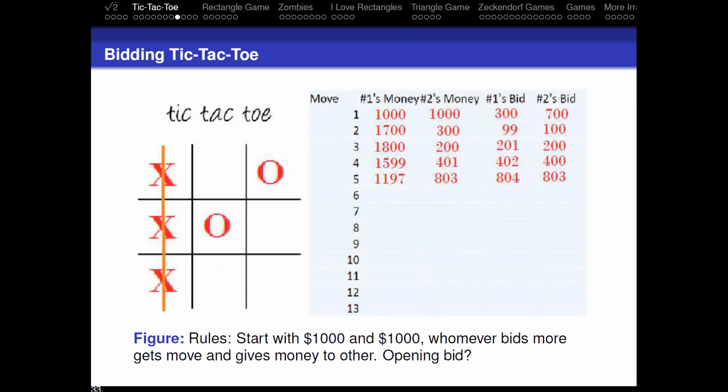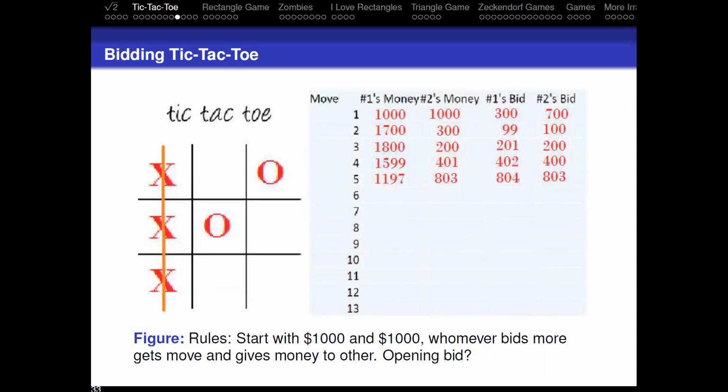And so here, it turns out player 2 bid far too much for the first 2 moves. And by bidding so much, player 1 was then able to win the game. So the question becomes, what is the right strategy? How much should you bid to go first? Or, if we can't figure that out, an easier question is, how much is too much?